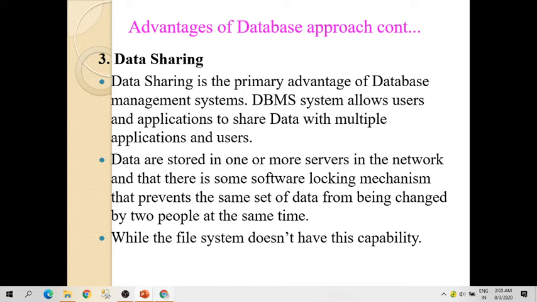Some constraints are maintained so that the user doesn't change or modify the data. Since the modification is not being done by any of the users, the same data is being shared with different users.